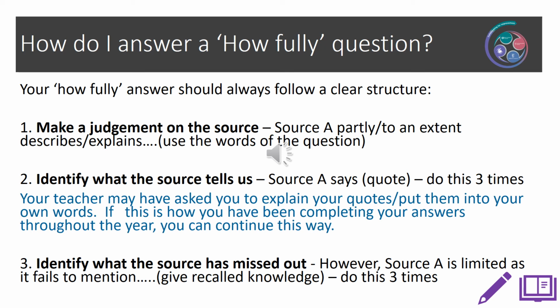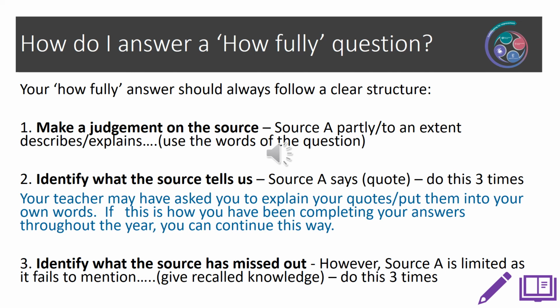You could say something like source A partly, or source A to an extent either describes or explains, and at that point you would use the words of the question. Without the judgment, the maximum that you could receive for your answer is 2 out of 6. So it's really, really important for you to make sure that you have a nice clear judgment on the source that tells your marker that you know that the source isn't giving the complete picture. The source is only telling us a part of the story.